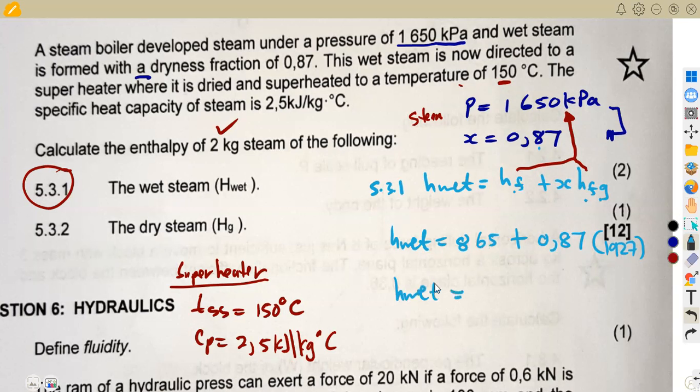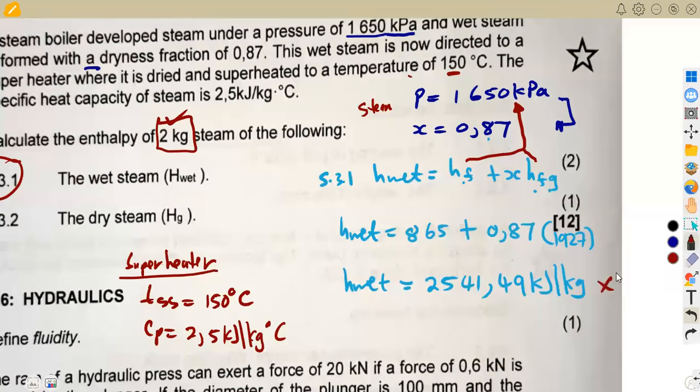So our h wet in this case is going to give us 2,541.49 kilojoule per kg. For a mass of 2 kg steam, what is our h wet? We multiply this by 2 kg.